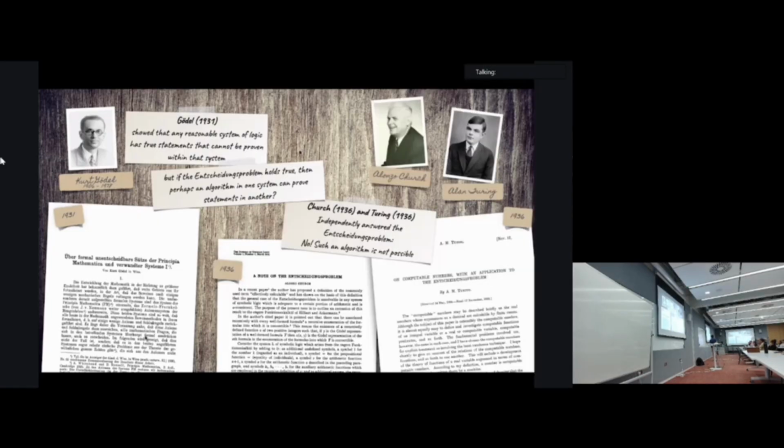And independently of this, we had Church and Turing saying, actually, there is no way that we could have an equality between statements. It's even worse than just not being able to have true statements all proven true in the system itself. It's that we can't even check that two things are equal within our logic. That's how terrible things are in general.